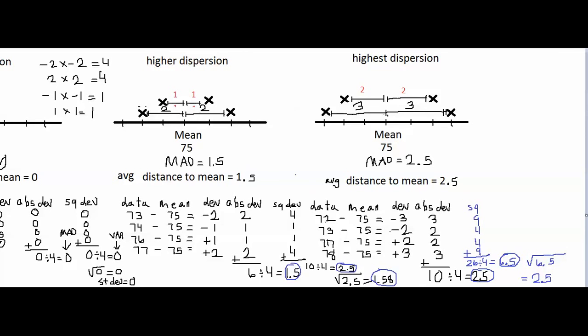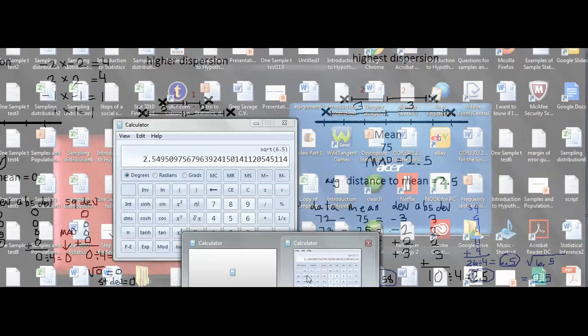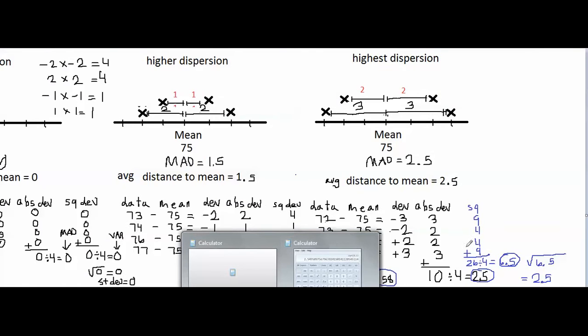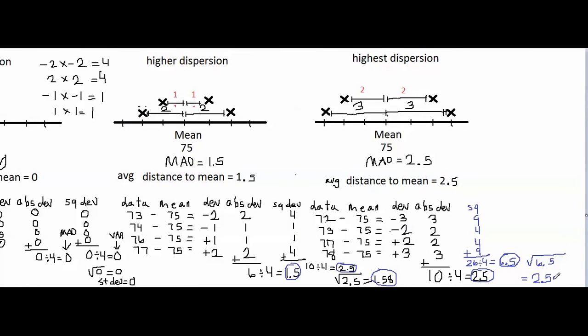Or actually 2.55. So the standard deviation came out to about the same as the MAD, like I said it would. They usually come out to about the same.